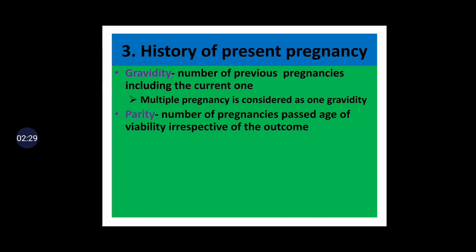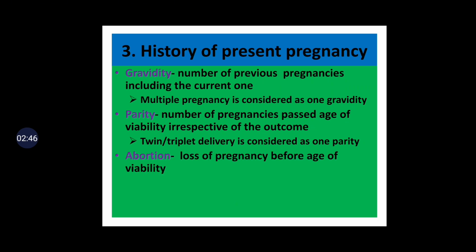The other is parity. Number of pregnancies past age of viability irrespective of the outcome. Age of viability is the cutoff value at which a fetus can survive if it is born, and it is different from country to country because of variation in facilities. The other is abortion. Loss of pregnancy before age of viability.